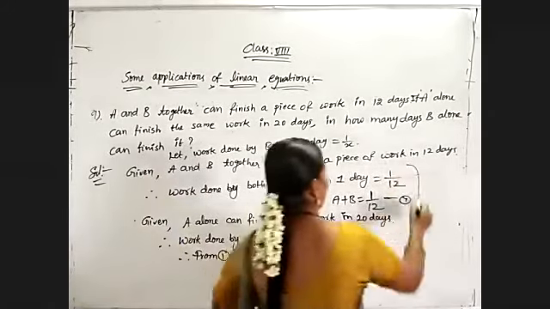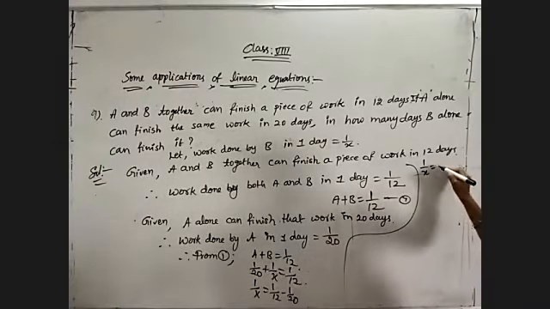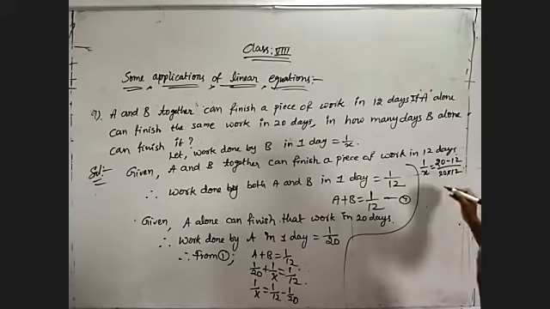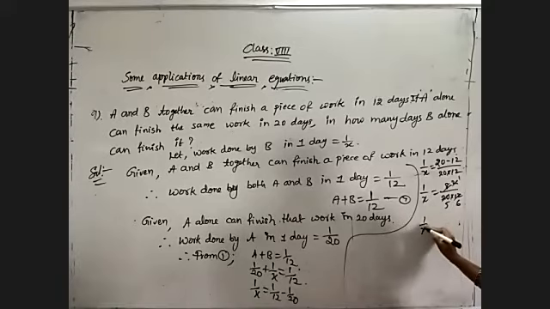So what I am doing? 1 by X is equal to 20 minus 12 by 20 into 12. Cross multiplication. So 1 by X is equal to 20 minus 12, which is nothing but 8, by 20 into 12. 4 2s are 4, 5s are 2... 1 by X is equal to 1 by 30.